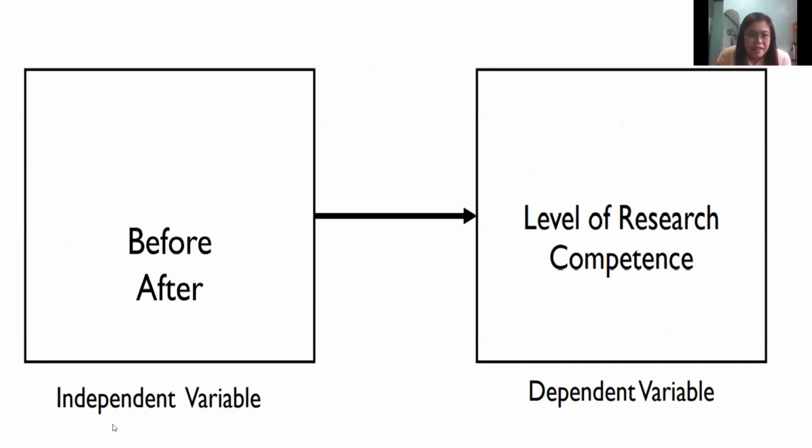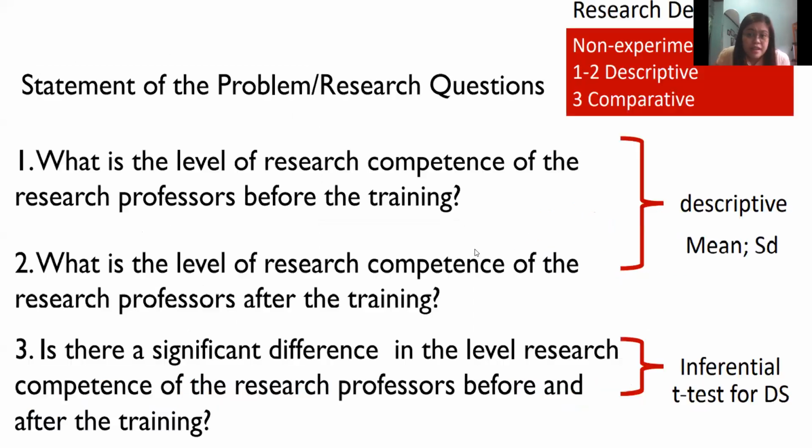So the independent variable here is, of course, the research professors before and after, and the dependent variable will be their scores in research competence. So if we write the statement of the problem, first, what is the level of research competence of the research professors before the training?